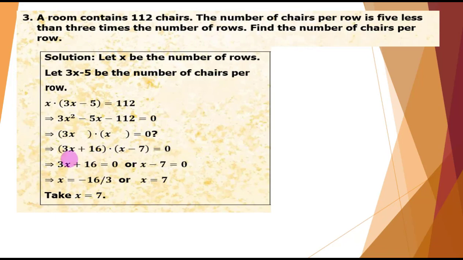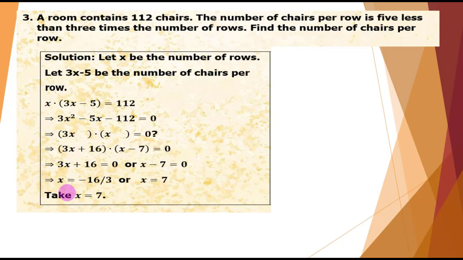So we are now on the linear factors. We started with a quadratic expression or equation. Then, by factoring, we break it down into two binomial linear factors. Each of these will be equated to 0 to find the value of x.